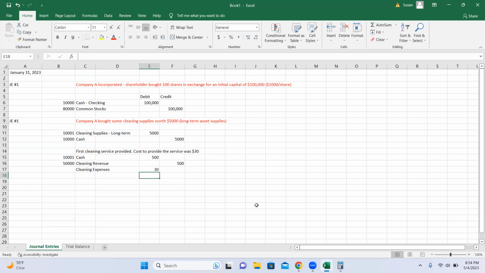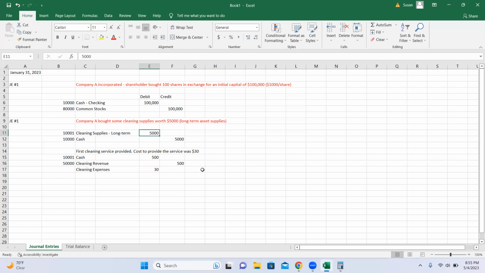And because they are using the cleaning expenses because they have cleaning supplies and it costs them $30 to provide some of it, we'll have to depreciate a little bit of this asset here, because this cleaning supply that they use will eventually deteriorate and depreciate in value, so it won't always be worth $5,000.